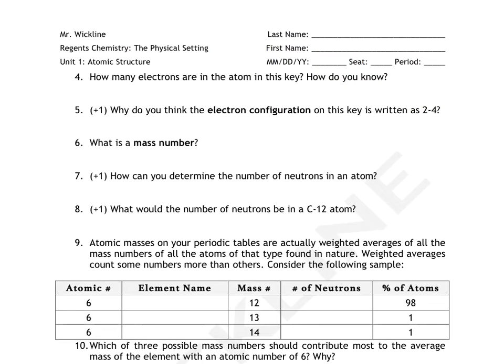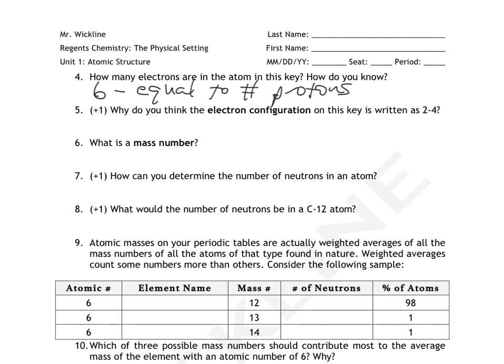So in the atom in the key on the previous page, that was carbon, and its atomic number was 6, and in this question it asks you how many electrons are in this atom, and in the previous lesson we found out that electrons should be equal to protons if the atom's neutral. So if the atom's neutral, it should be equal to the number of protons, which was 6, so my answer for this question would be 6.